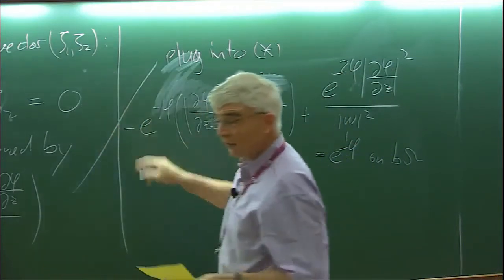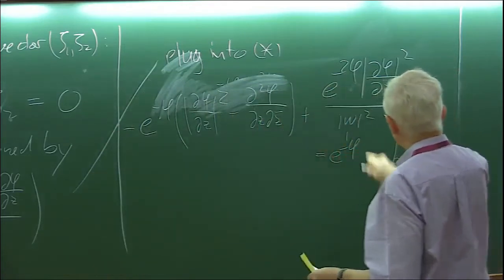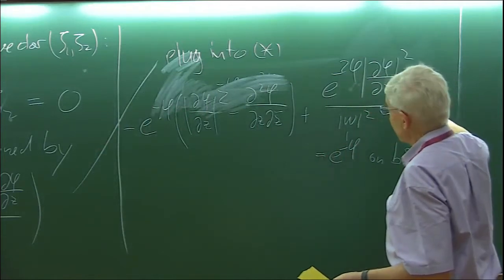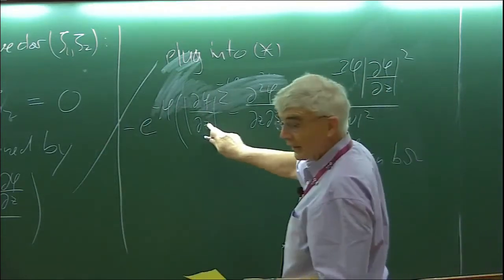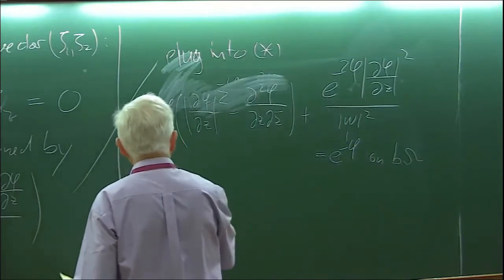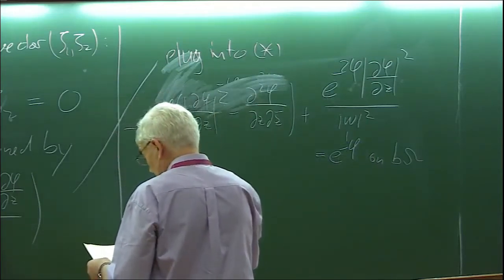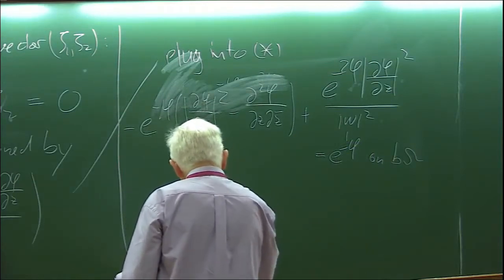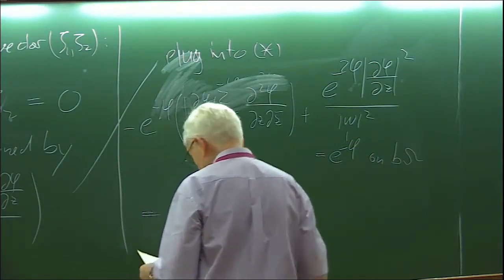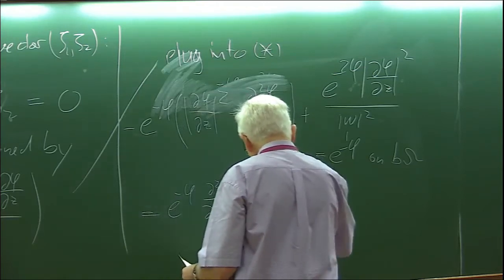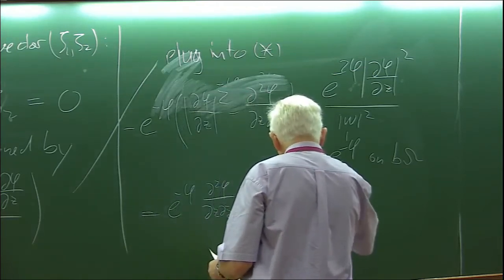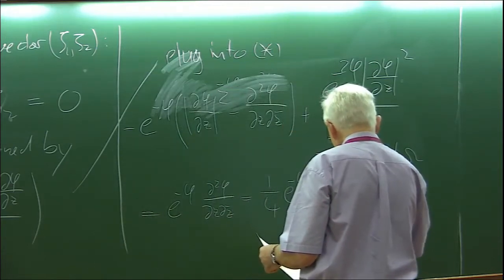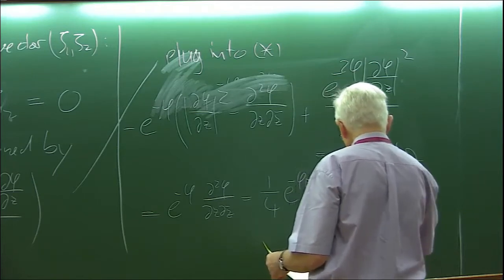This wants to be a minus. Okay, now we're in business, right? An e to the minus phi factor cancels here, so I have e to the minus phi d phi dc mod squared with a plus here and with a minus, so they drop out. So what remains is just e to the minus phi d square phi dc dc bar, and that's 1/4 e to the minus phi, and it's just a Laplacian of phi.